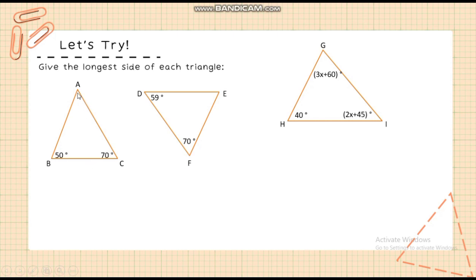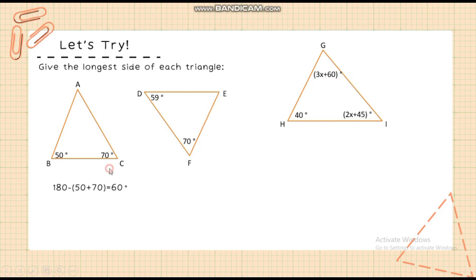To identify that, we are going to find the difference between 180 and the sum of these two remaining angles, since the measure of the interior angles of a triangle is always 180 degrees. So 180 minus 50 plus 70 is 60 degrees.